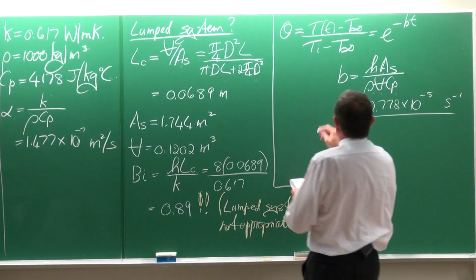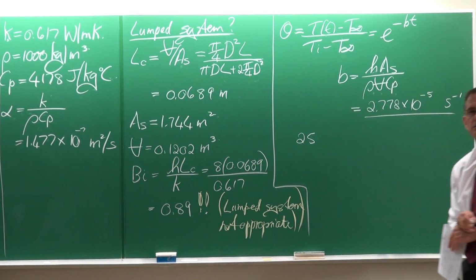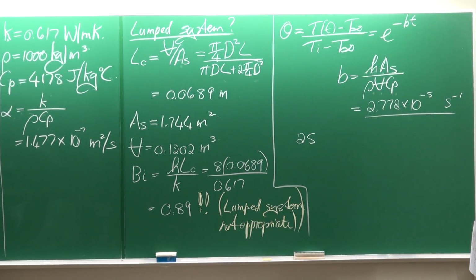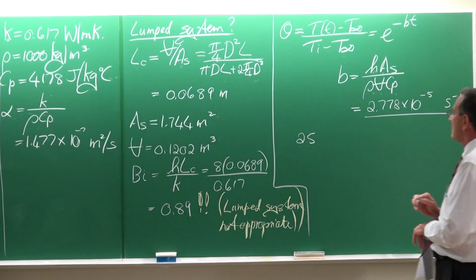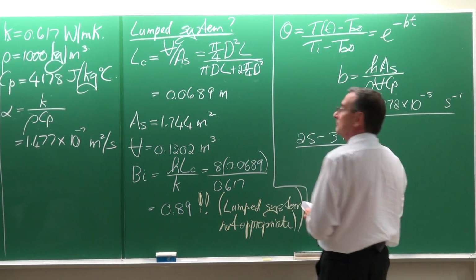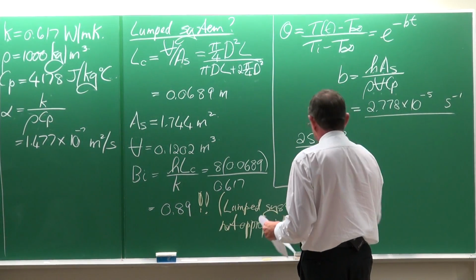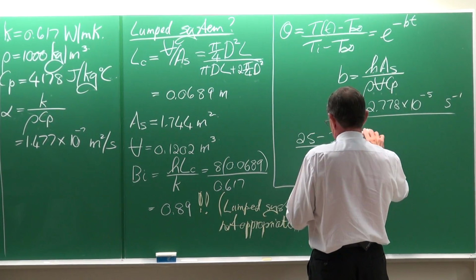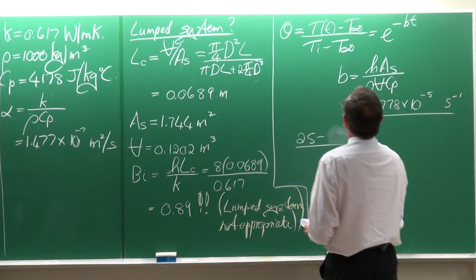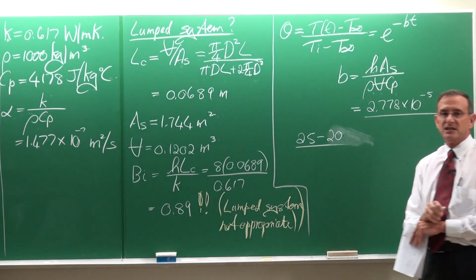So the temperature at time t is equal to 25, the original temperature was 37, and the environment temperature is 20.